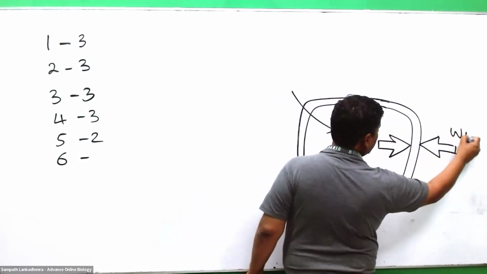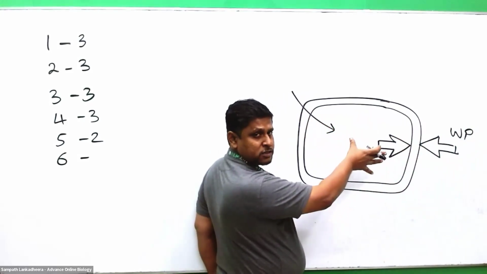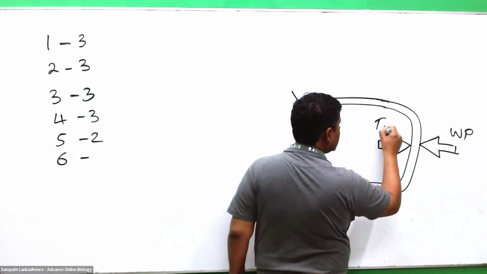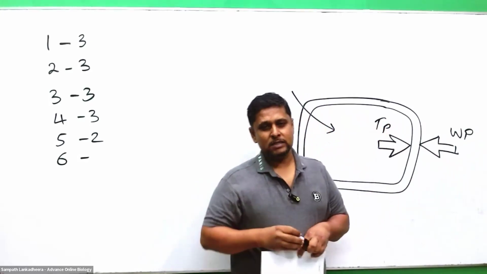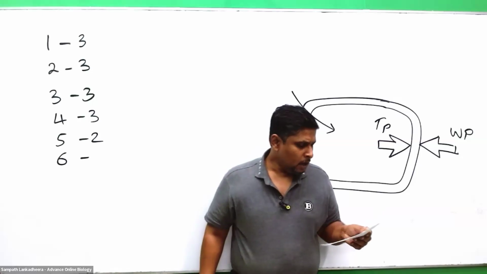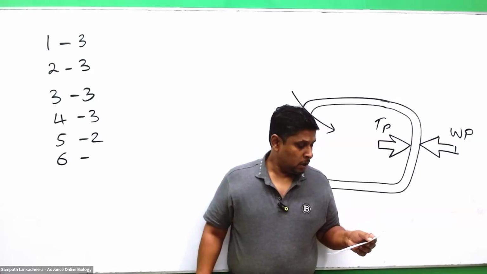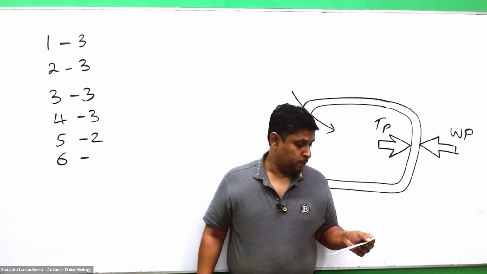We call this the wall pressure. Because of the wall pressure, the cytoplasm resists expanding. As a result, turgor pressure builds inside a plant cell. So it is not independent of turgor pressure.